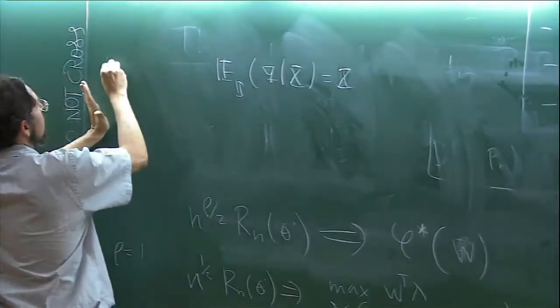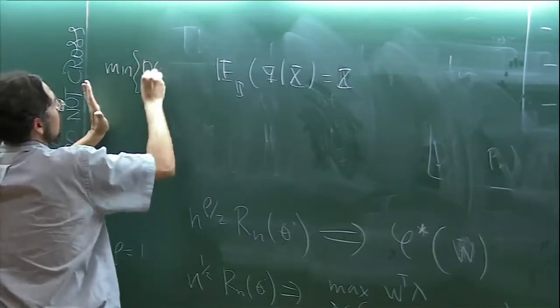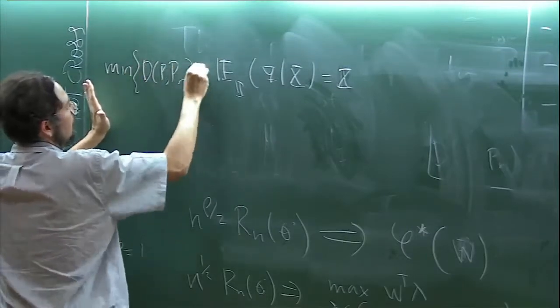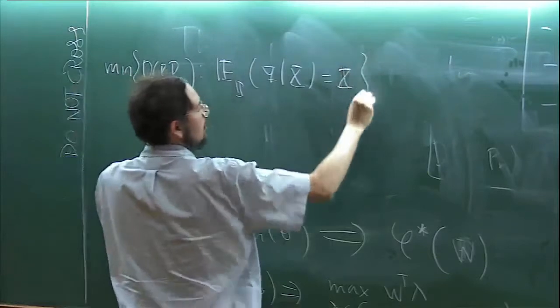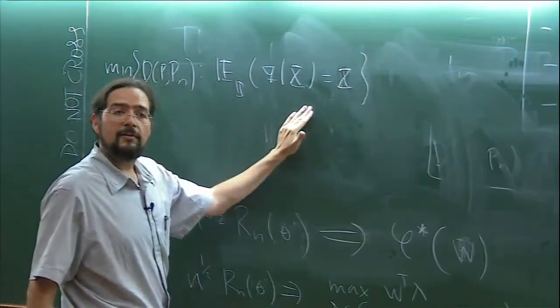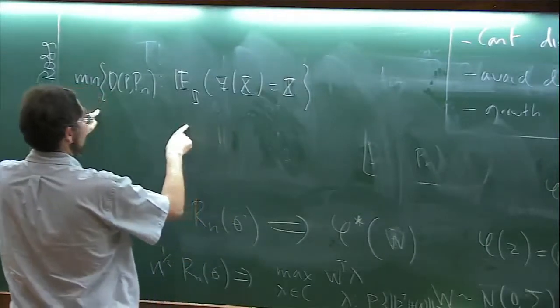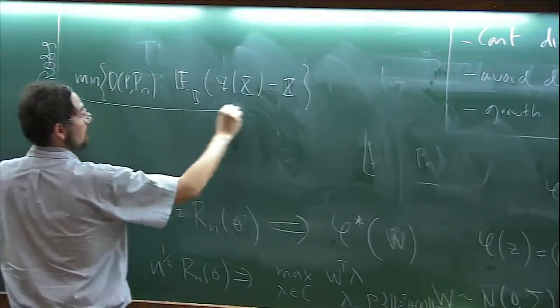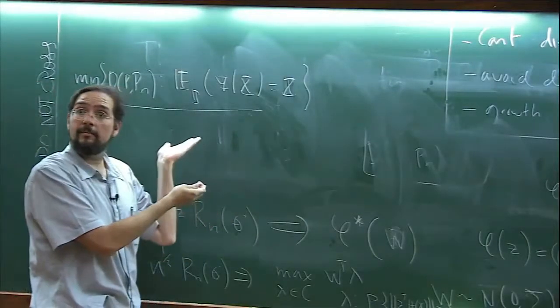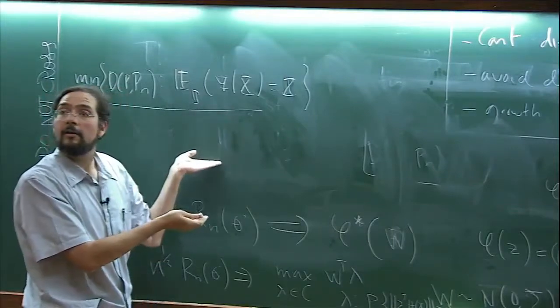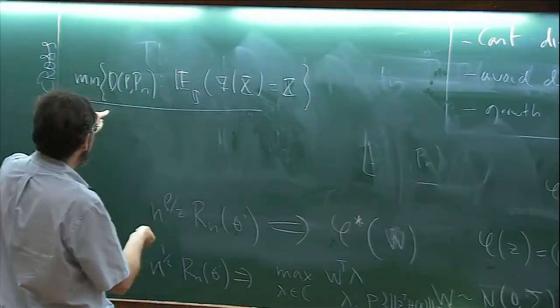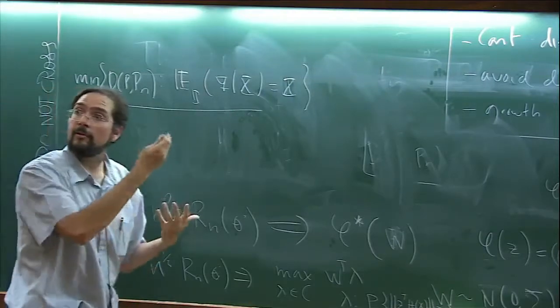You look at the minimum distance between P and Pn, such that this is equal to this. You compute the score statistic for this. And you reject the null hypothesis if this quantity, which you can estimate from data in practice because this is an LP, is greater than or equal to the statistic.